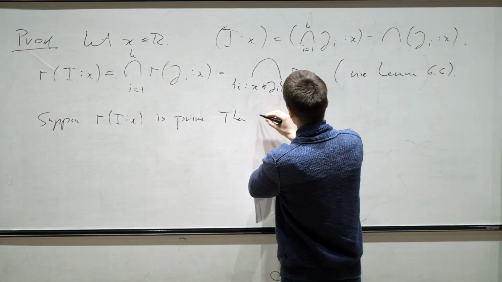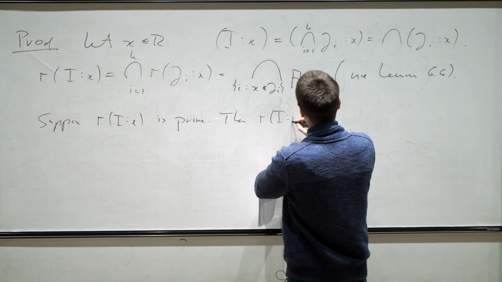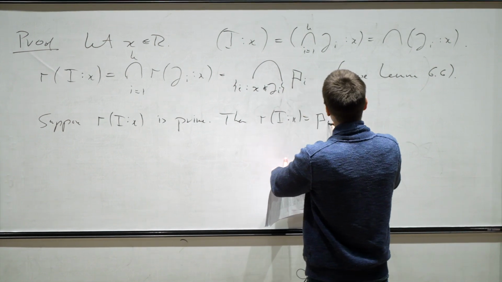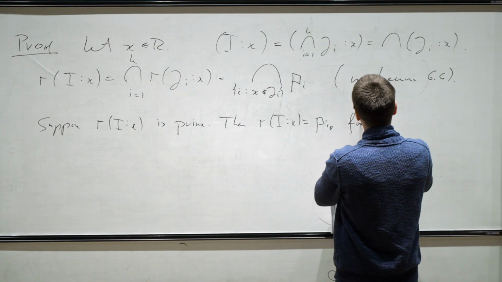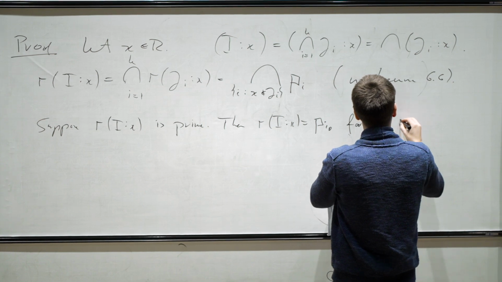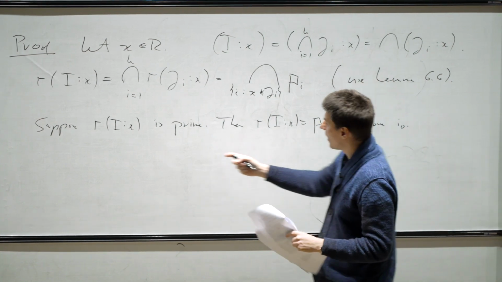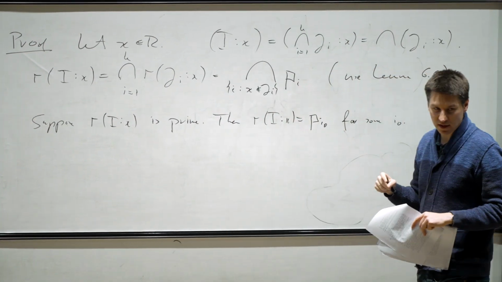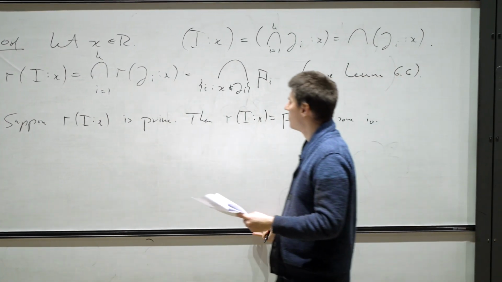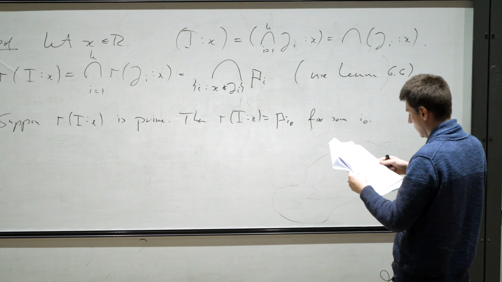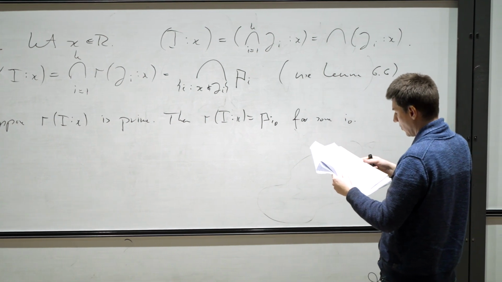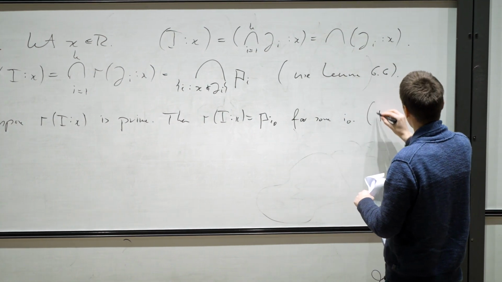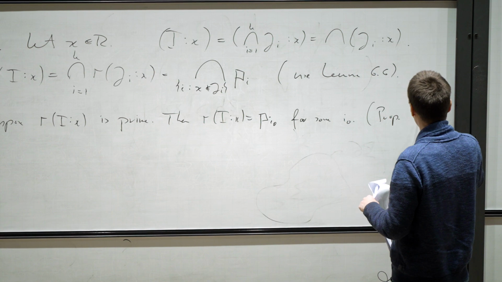So that means that this radical being prime is equal to some Pi0 for some i0. So that means that all the prime ideals of this form show up in our intersection, okay? This is using proposition 6.1, the very beginning of last lecture.